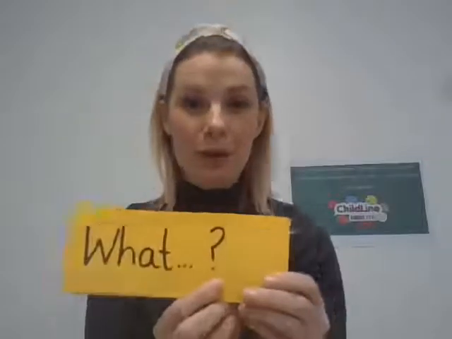Now, you might have noticed, following after our question word, is a very strange little mark here, little symbol. If you know what that is, you can pause the video now and tell your helper. This is a question mark. So we've been learning about using full stops at the end of our sentence, but if you write a question, you have to put a question mark at the end.